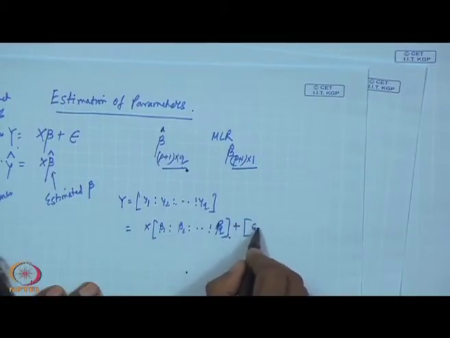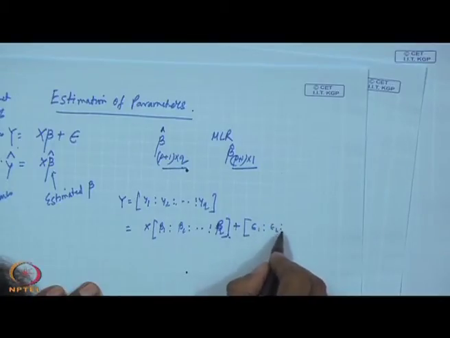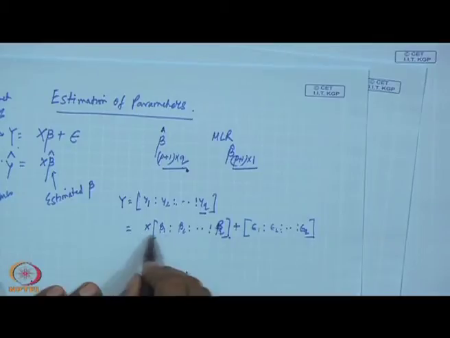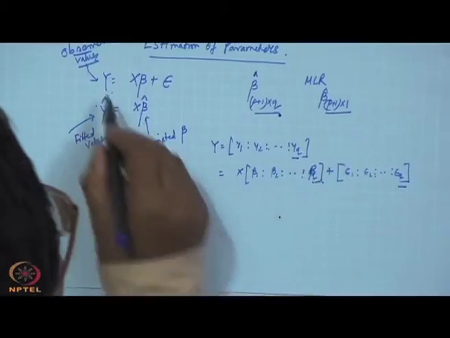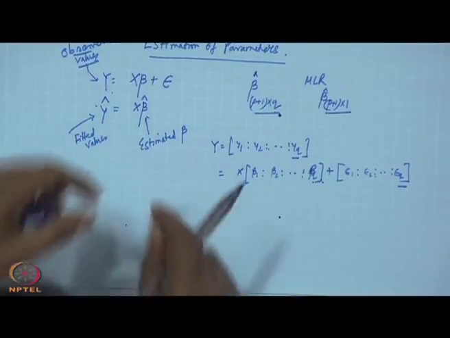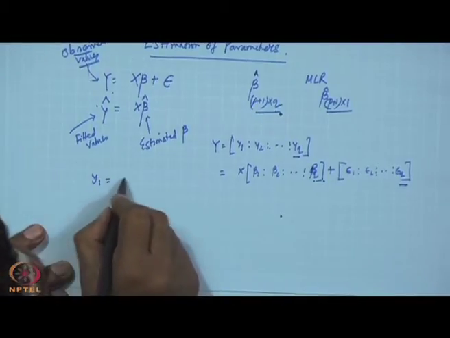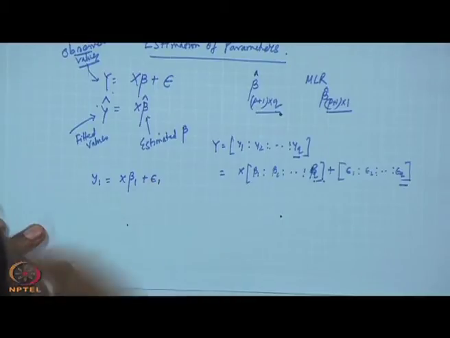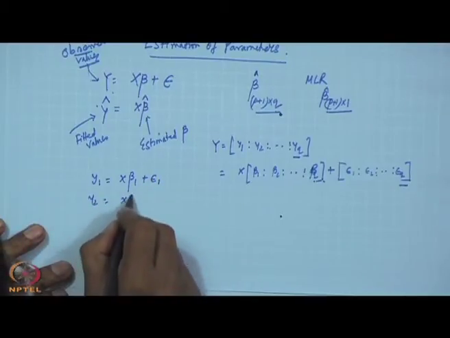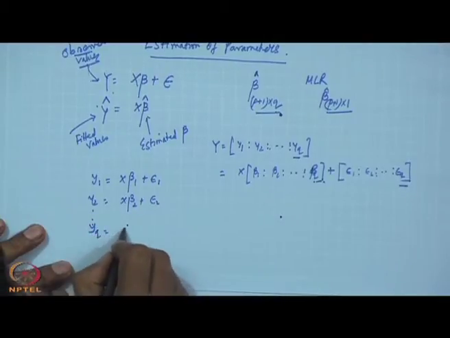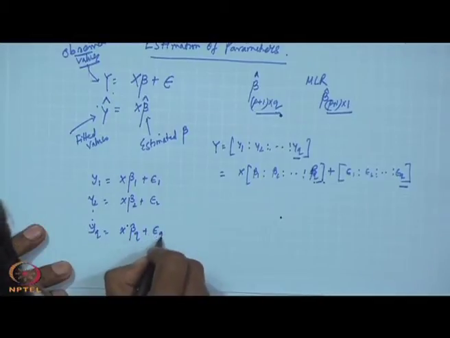This epsilon also has epsilon 1, epsilon 2, up to epsilon q. So this equation is nothing but, as we have seen, q MLRs: y1 equal to X beta 1 plus epsilon 1, y2 equal to X beta 2 plus epsilon 2, similarly yq equal to X beta q plus epsilon q.